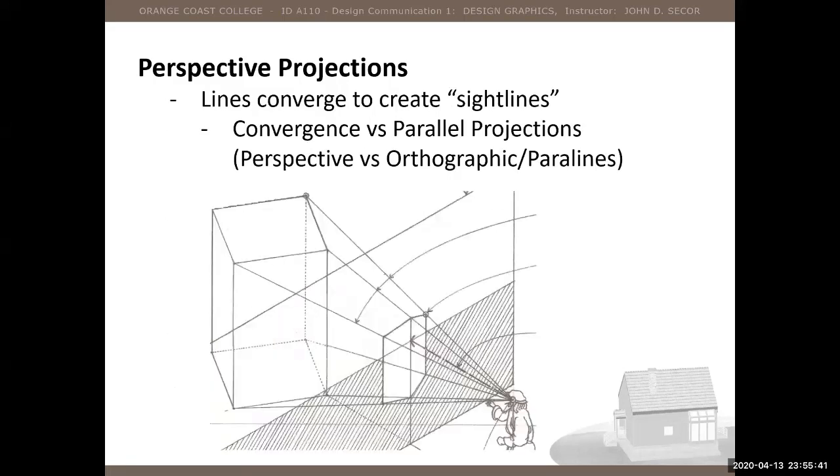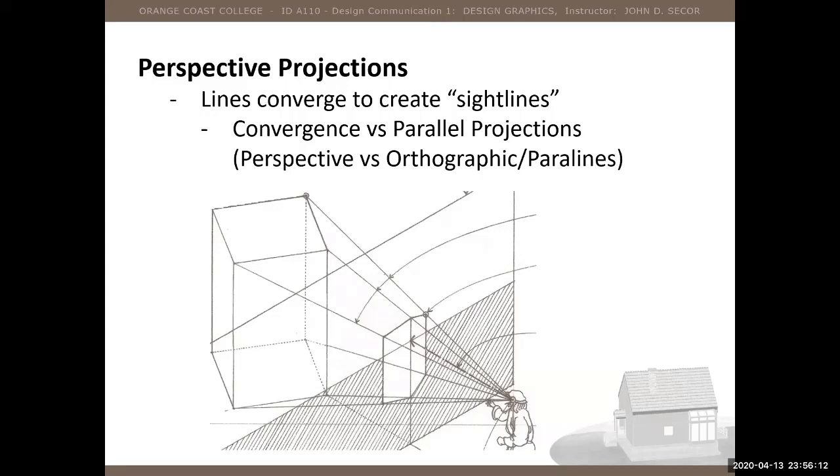So these projected lines, they really create what they're referencing as sight lines. And sight lines generally are, like I said, receding, or they're going to the one eye of the viewer, and they are also projecting to the vanishing points to create the correct alignment of all the planes and lines.